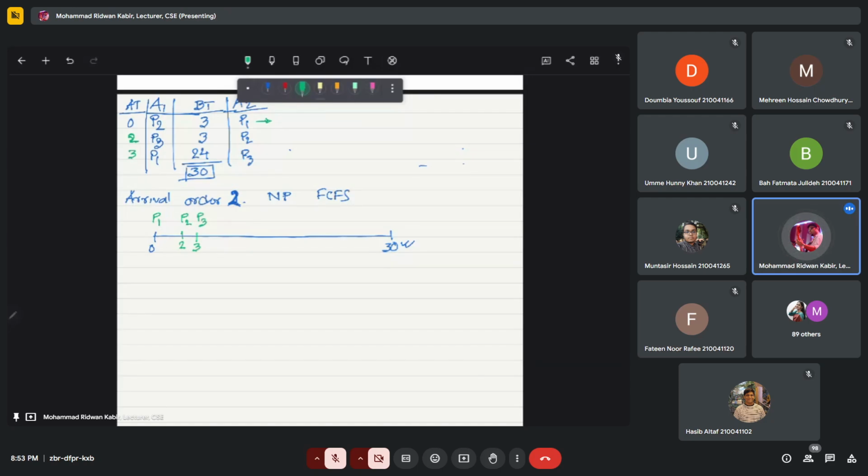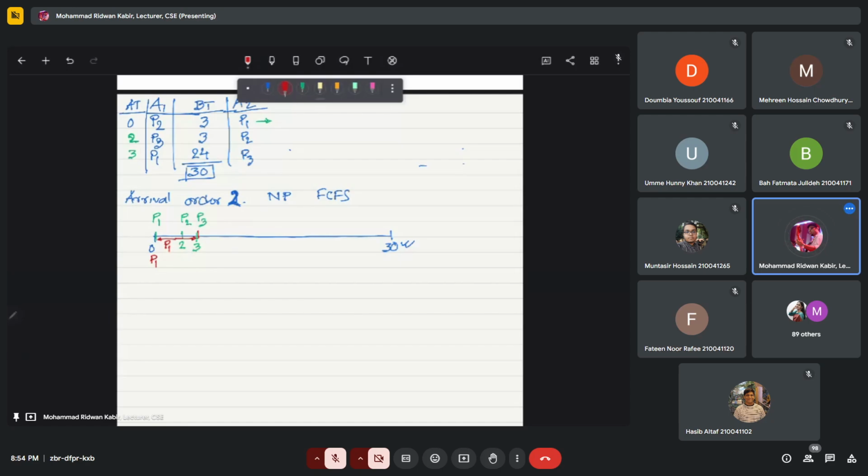So you have this list, right? Whenever P1 arrives at 0, you will give the CPU to the process P1, and this will continue execution up to time 3. So this entire time period, P1 will be in the CPU.